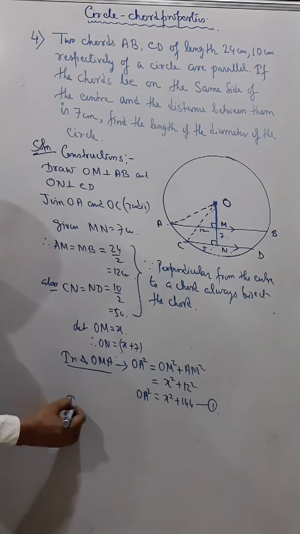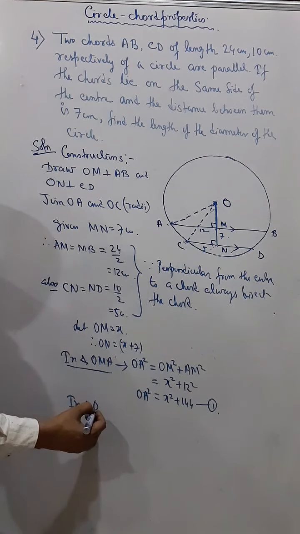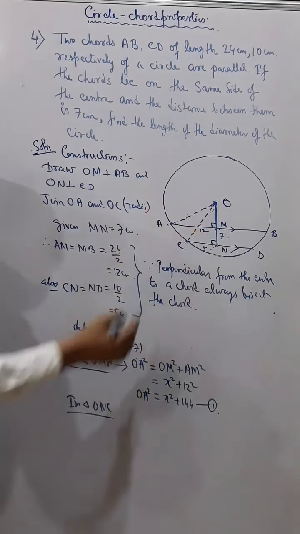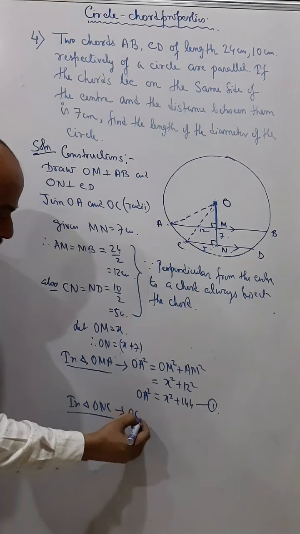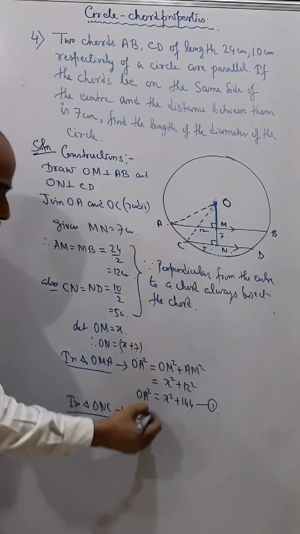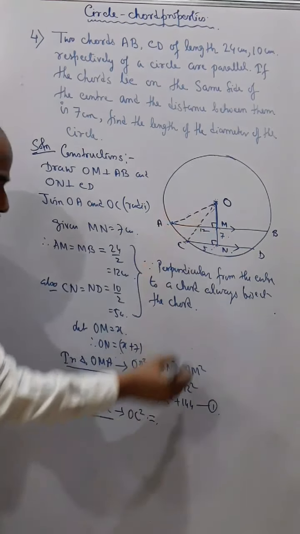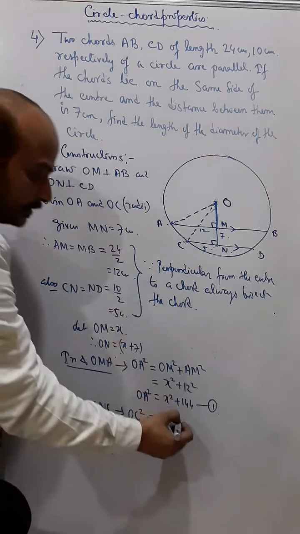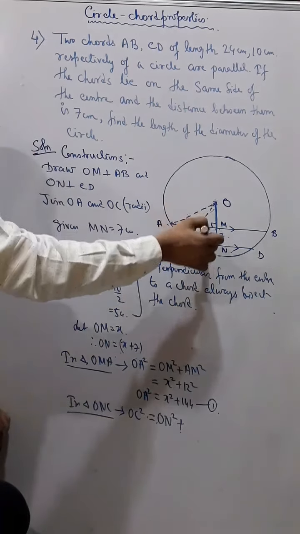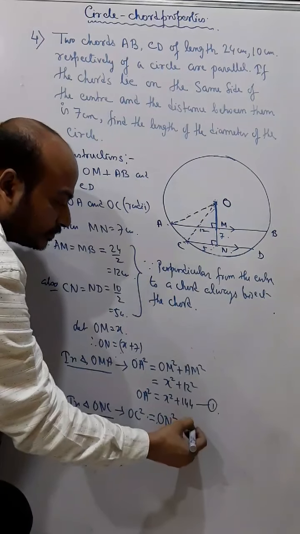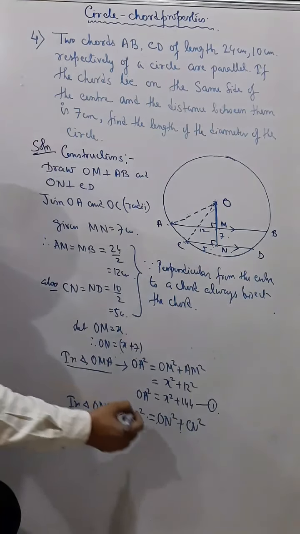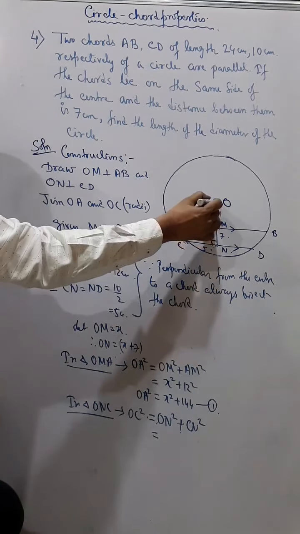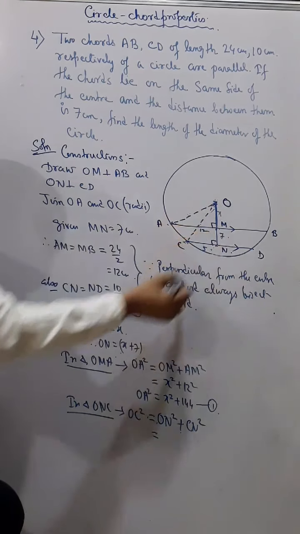Similarly, now I can say in triangle ONC, here I can say OC square is equal to ON square plus CN square. And now if I put the value, ON, I've taken this one as x and this is 7. So ON is x plus 7.